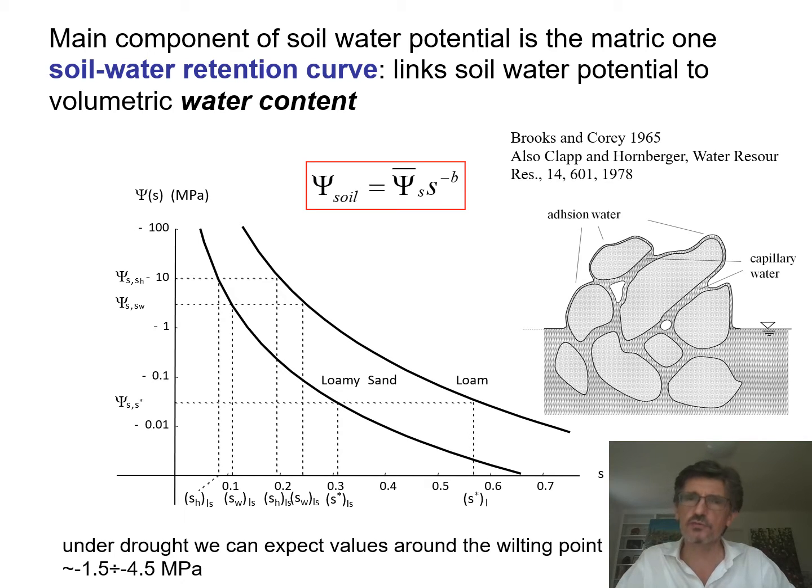So this actually shoots up very fast. Remember that this is in logarithmic scale. And then, through these two constants that depend on the type of soil, it depends on the soil texture: loamy sand, loam, and so on. We will see how these parameters change as a function of type of soil.